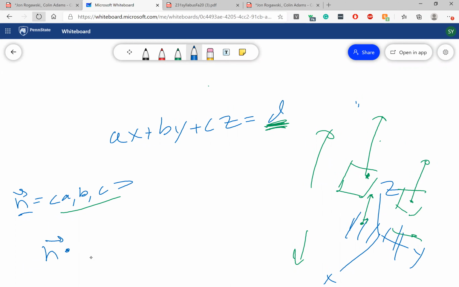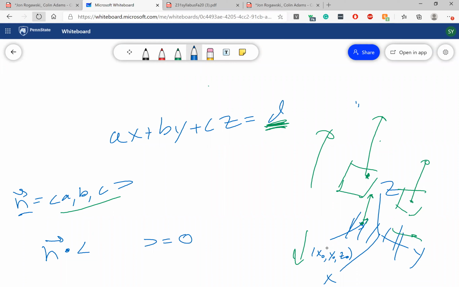And I want to find all the vectors that are orthogonal to this normal vector. And that's going to define my plane. So I want to find all the vectors such that when I dot them with my normal vector, I get 0. And if I can get a list of these vectors, I will have my plane. Let's say this point over here is the point x0, y0, z0.